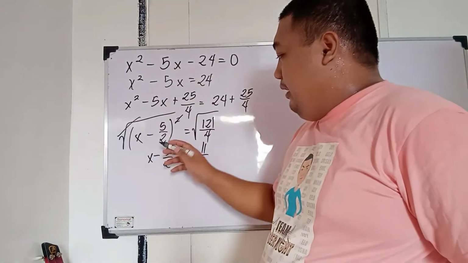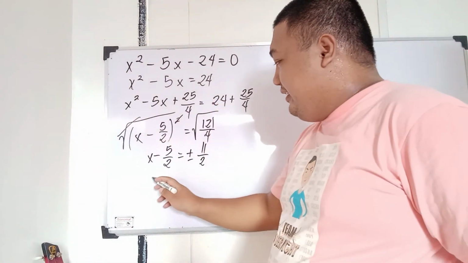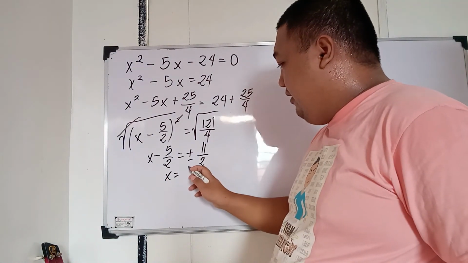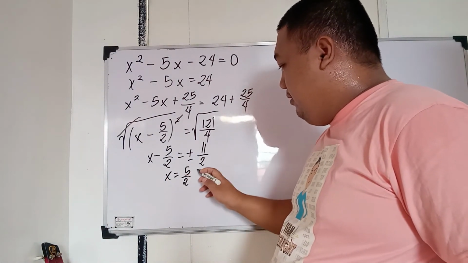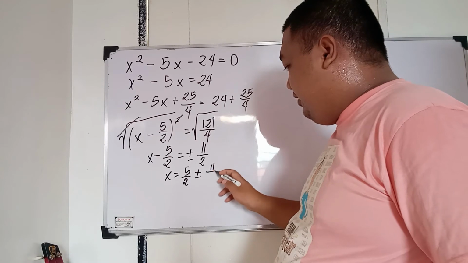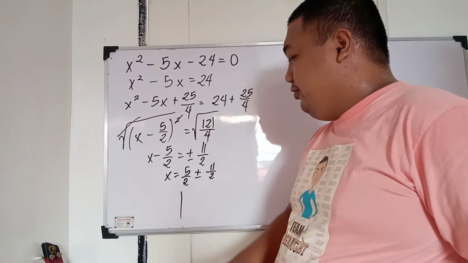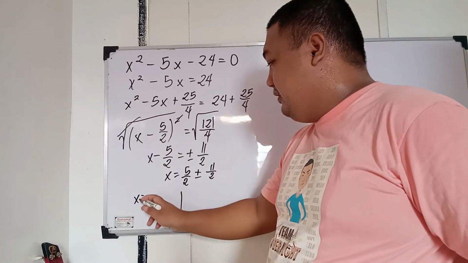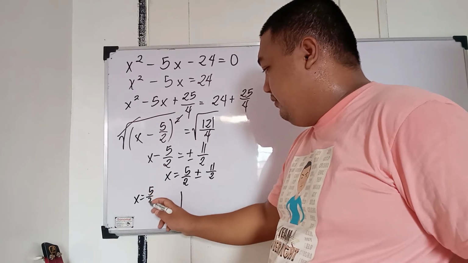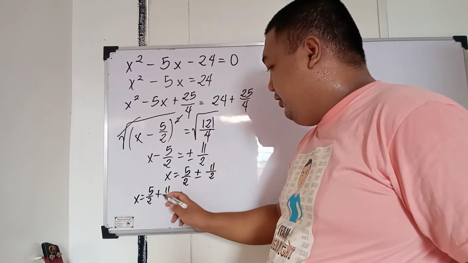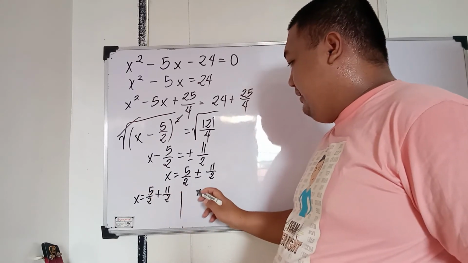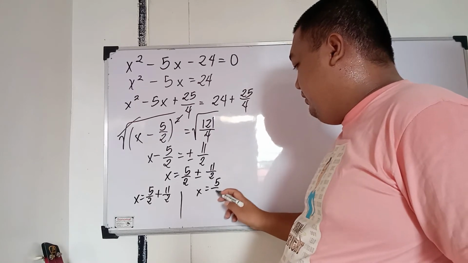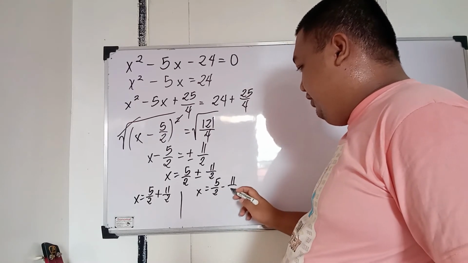Then, i-put natin si negative 5 halves on the other side. So, x equals 5 halves plus or minus 11 over 2. So, dalawang solution natin: x equals 5 halves plus 11 over 2, then x equals 5 halves minus 11 over 2.